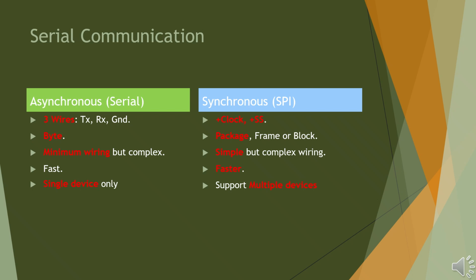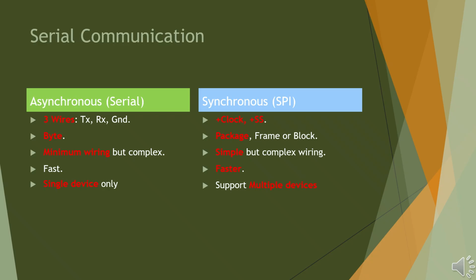In synchronous communication, an additional clock line, SCLK, is introduced, and sometimes a slave select (SS) line when multiple devices are connected. The master device generates the clock signal, which ensures that both sender and receiver stay perfectly synchronized at each clock pulse. Data bits are transferred in rhythm with this clock, allowing continuous and faster transmission without the overhead of start and stop bits.